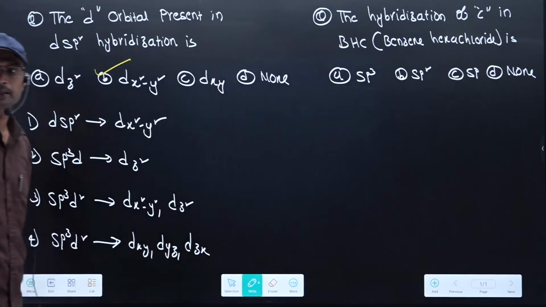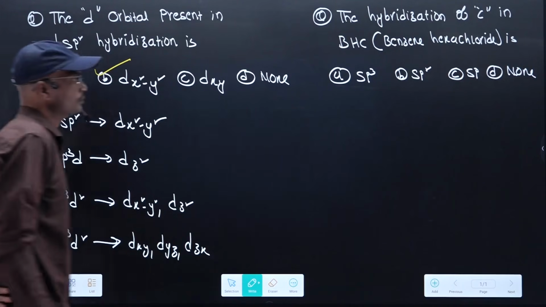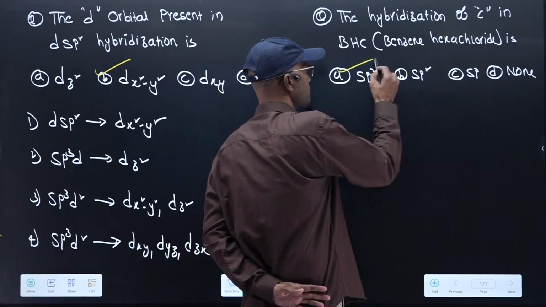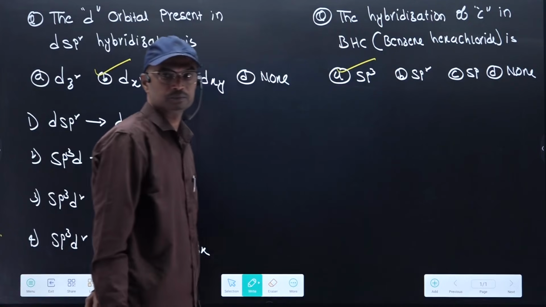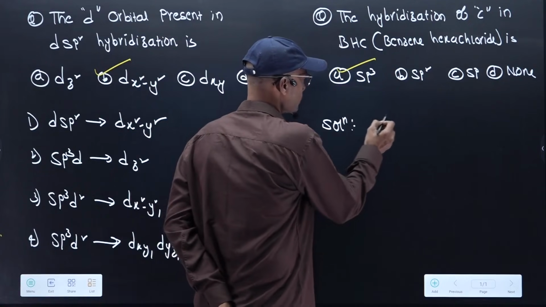What is BHC? Benzene hexachloride. What is the hybridization of carbon in benzene hexachloride? So the answer is sp3, not sp2. So in benzene hexachloride, there is no benzene.